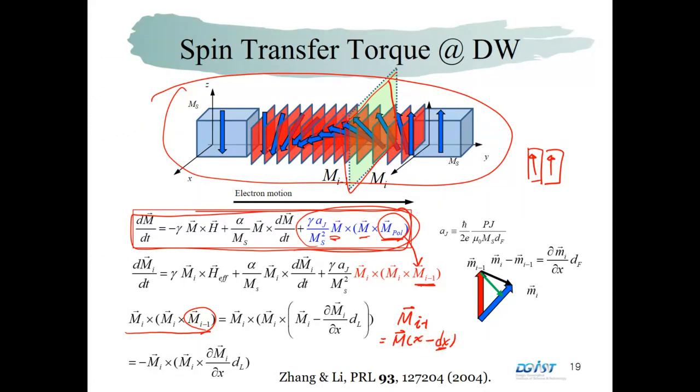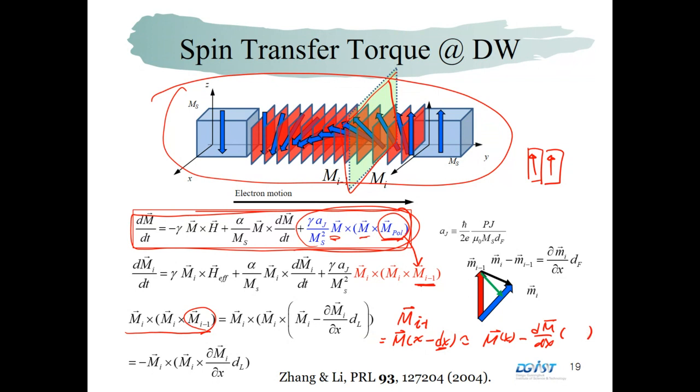Here dx means the one lattice parameter. So we can take the Taylor series in this form.